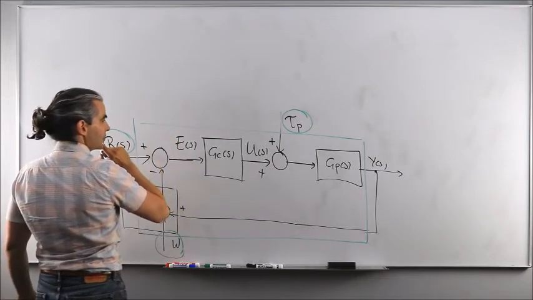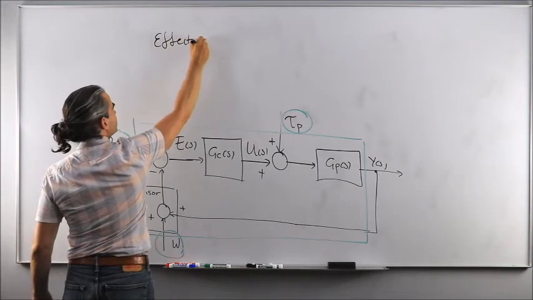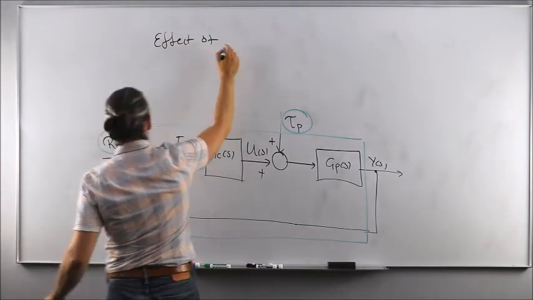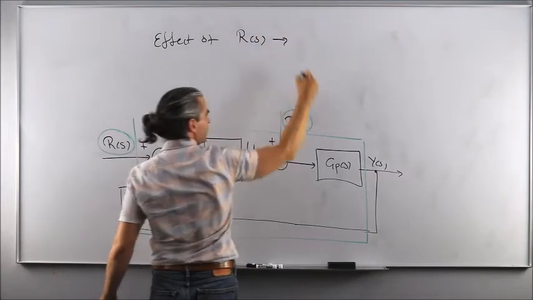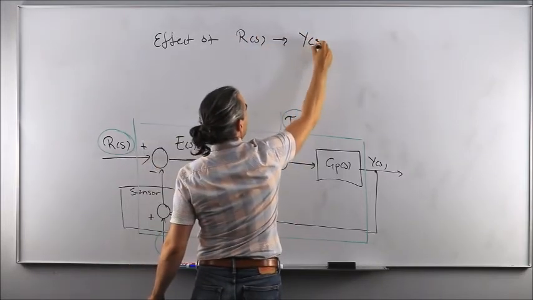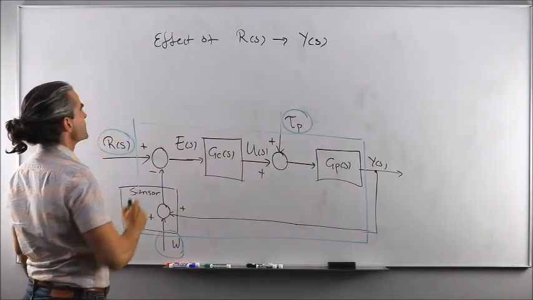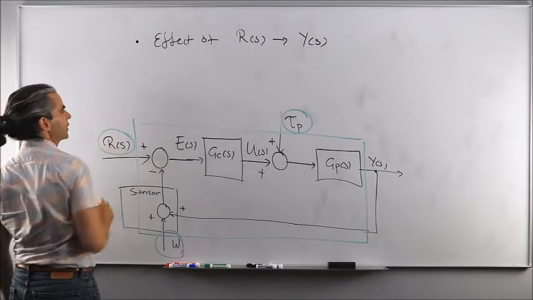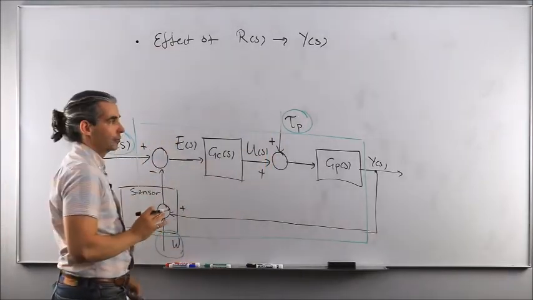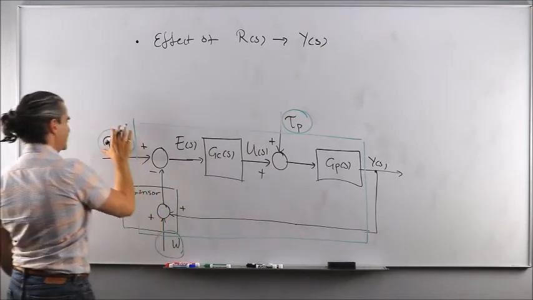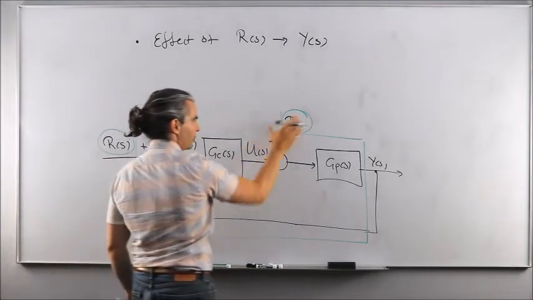And that's exactly what we're going to do by first examining the effect of the reference signal on the output of the system, Y of S. Okay? If you want to do this, it means that you need to turn off the other two inputs. So to analyze the effect of that, we pretend that there's no noise and that there's no perturbations.